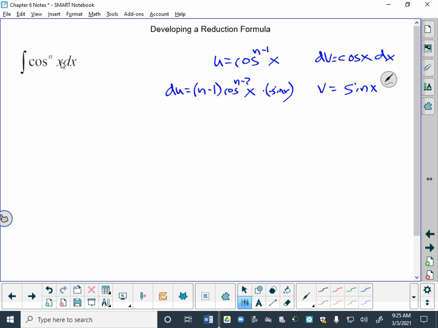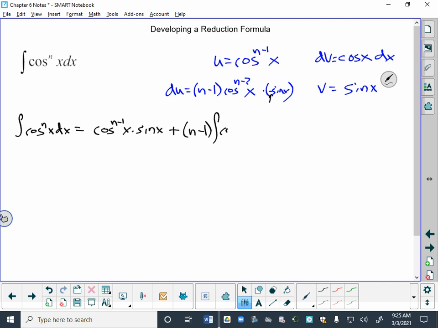And so we can say that the indefinite integral of cosine to the nth x dx is equal to u times v. So we'll start with cosine to the n minus 1 of x times the sine of x minus the indefinite integral. And because of the negative right here, this is actually going to make that a plus. And we can kick the constant, the n minus 1, out in front.